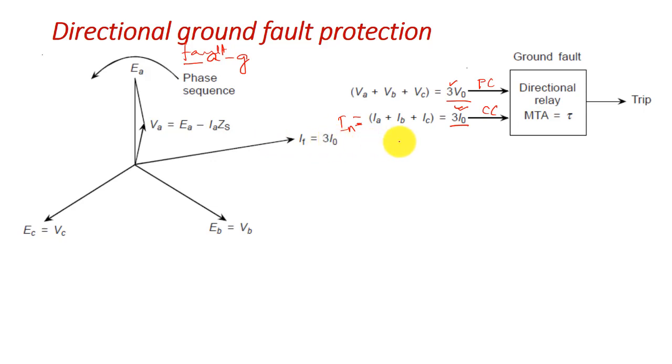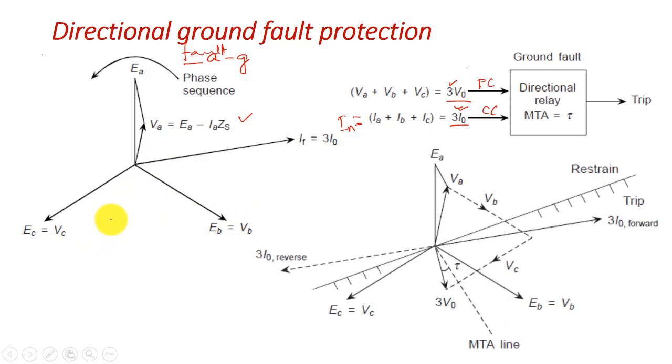And IF equal to 3I0 is mentioned here because we are detecting this neutral current by putting a CT in the neutral wire. Then your VA will reduce drastically, right? So VA will be EA minus IA ZS, because ZS is your source impedance, and your EB will remain the same and EC will remain the same.